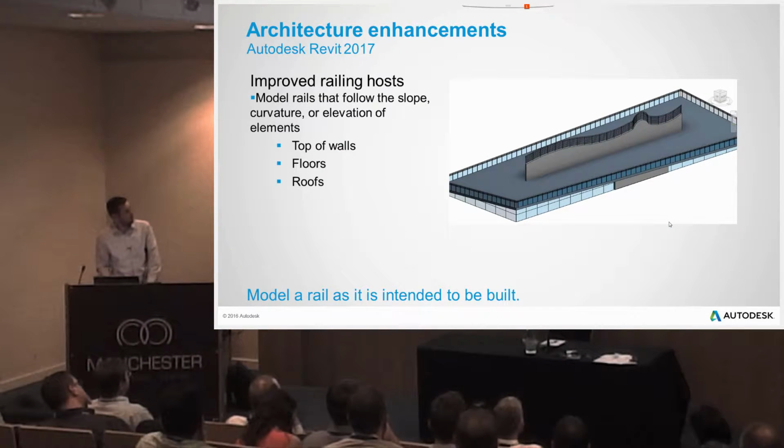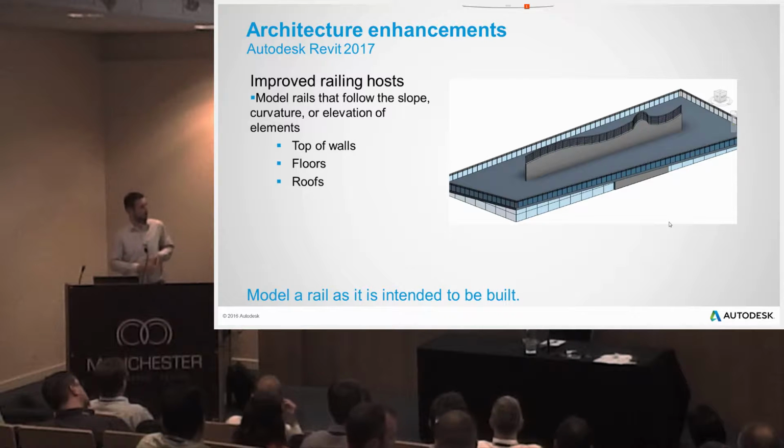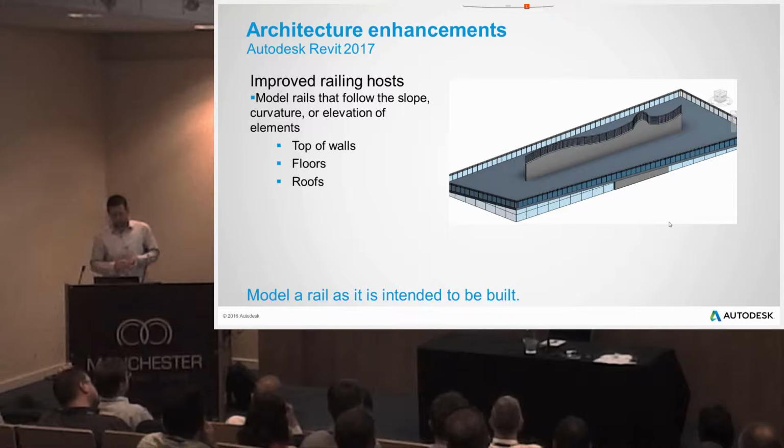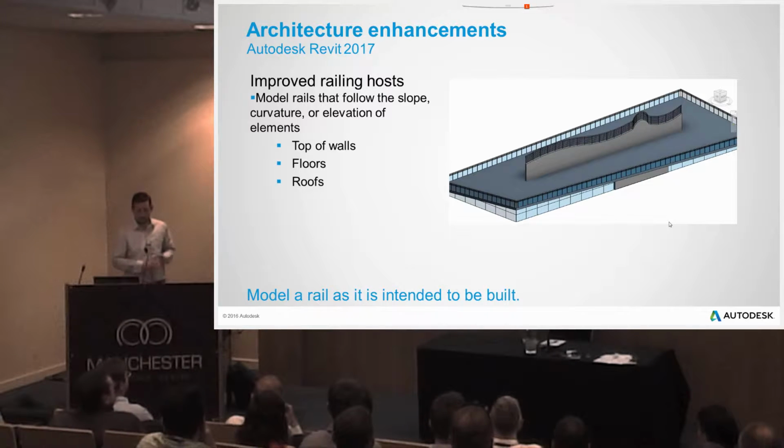Hosting of railings. Anybody who's used railings historically has probably been quite frustrated with the inability to host to only certain objects. Floors and stairs, I think, was the previous limit, but now you can attach it to things like your roofs and your floor edges, and previously you couldn't do floors, and also tops of walls as well.